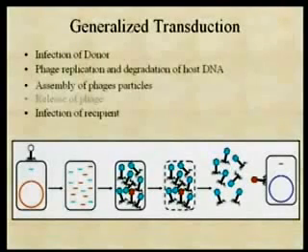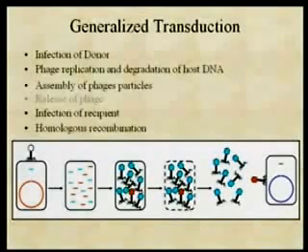Now, once this gets in here, we're back in a situation like we saw with transformation. We simply have a piece of the donor DNA in a recipient cell. So a homologous recombination event is going to be required to get stable exchange of donor and recipient genes.